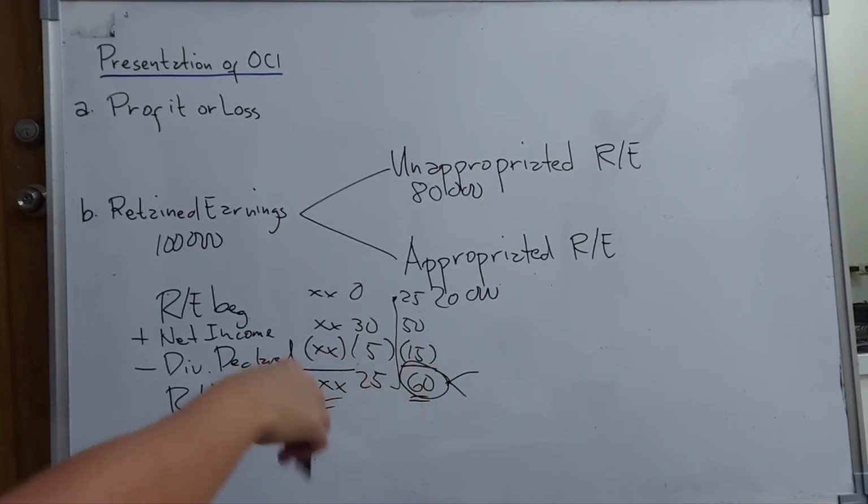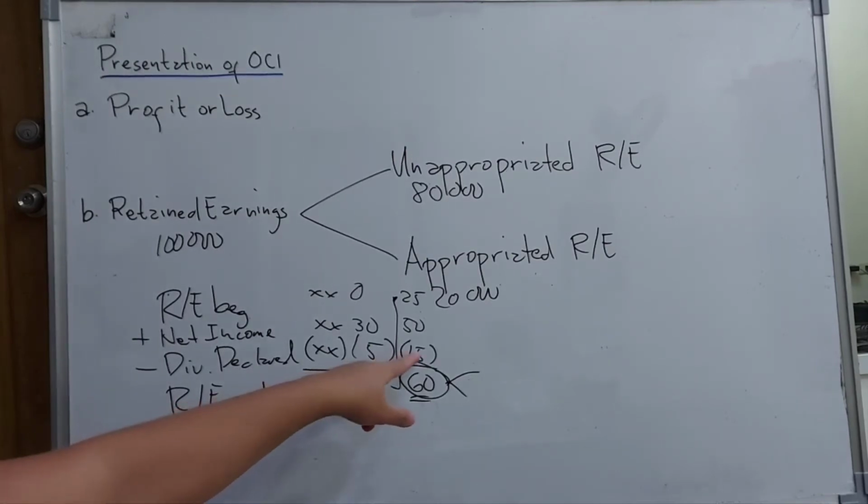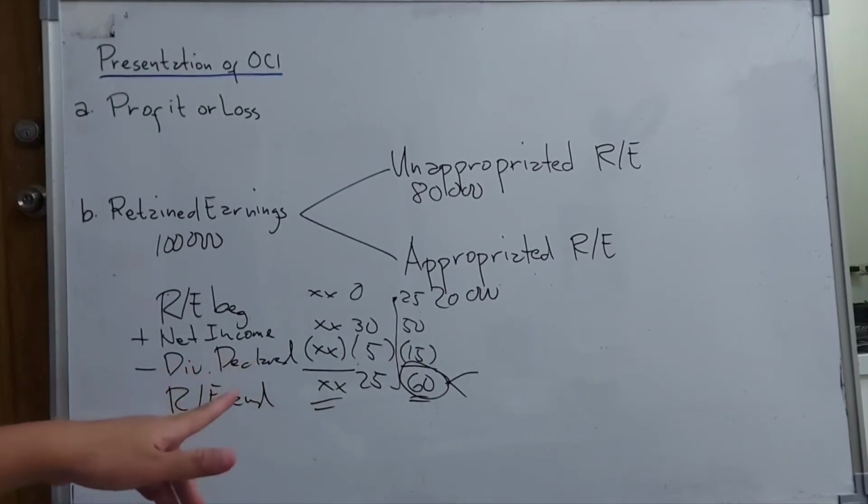Pwedeng sa dalawa, yun yung unappropriated and appropriated retained earnings. Kapag yung dividend declared dyan, hindi siya dapat mag-exceed dun sa unappropriated retained earnings, kasi yung unappropriated lang yung pwede natin i-declare as dividends.